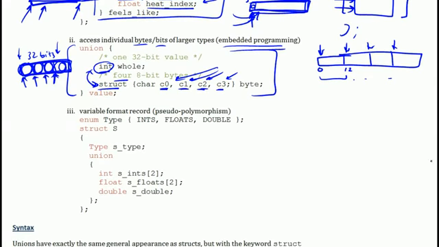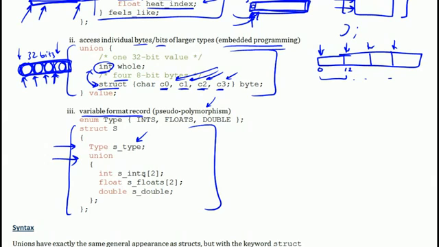And finally, it could also be used simply as a variable format record, almost like polymorphism in object-oriented programming, where you would have a structure that has two members. One is a type that tells you what is actually being stored.